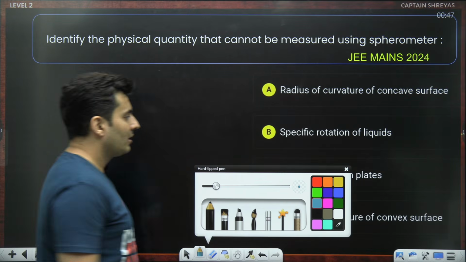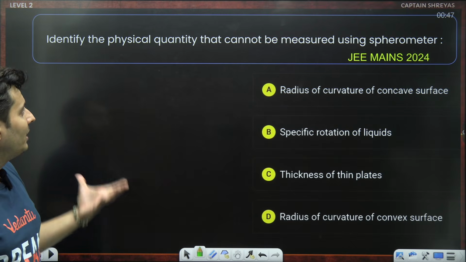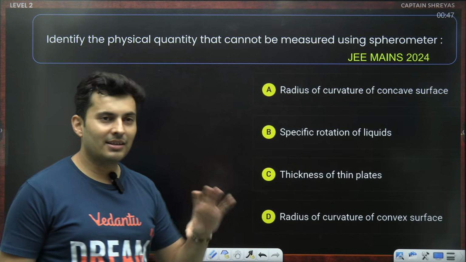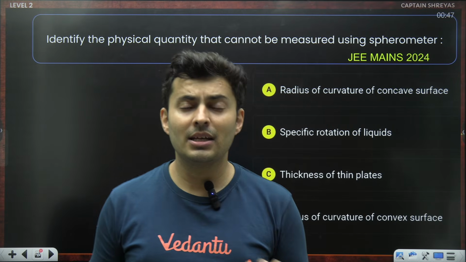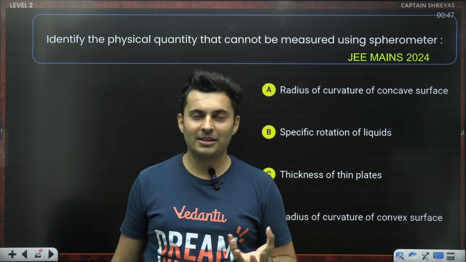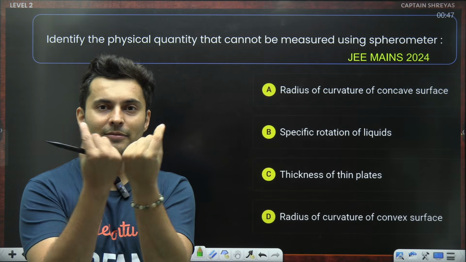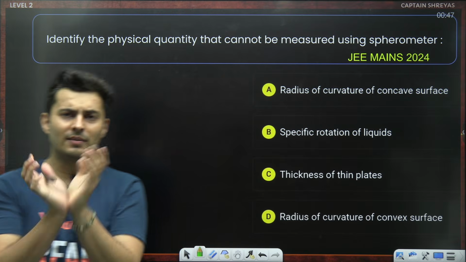Moving on. Now this question, like you can see, is asking about spherometer's use. So spherometer, just like the name says, is used to measure a characteristic of a sphere or spherical object. Basically, it is used to measure the thickness and the radius of curvature of any lens or a curved surface.